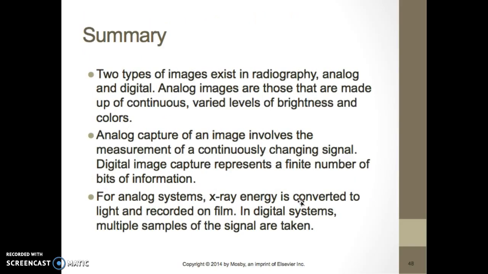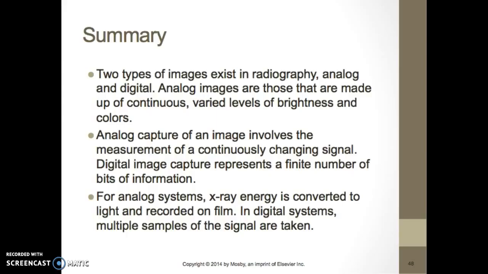In summary, there are two types of images in radiography: analog and digital. Analog images are made of continuous, varied levels of brightness and colors, and analog capture of an image involves the measurement of a continuously changing signal.